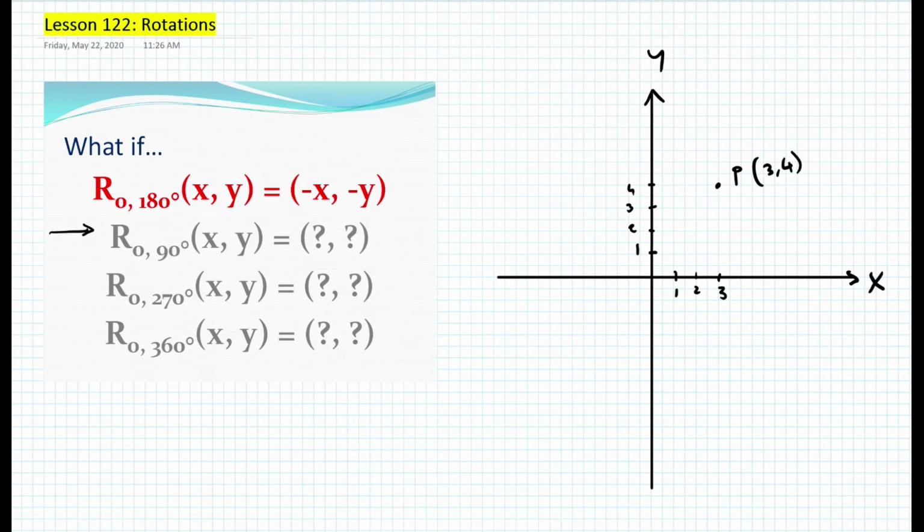So how would you figure out what the resulting point will be, P prime, after rotation of 90 degrees? Maybe the best way to do it is through construction, okay? So here we constructed a radius congruent to this one, right? And this is point P prime.